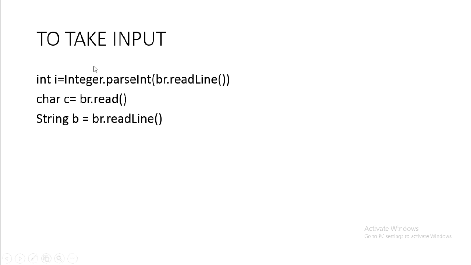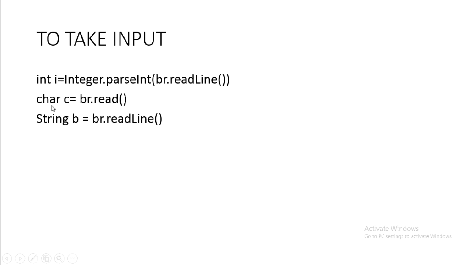So over here, in order to take the input, we write: int i equal to Integer.parseInt. parseInt is a method, because every time we write br.readLine, it takes the input as a string, and parseInt converts the string into an integer. int is a primitive data type, and this parseInt will convert into the form of integer, and then it will be stored in the variable i.